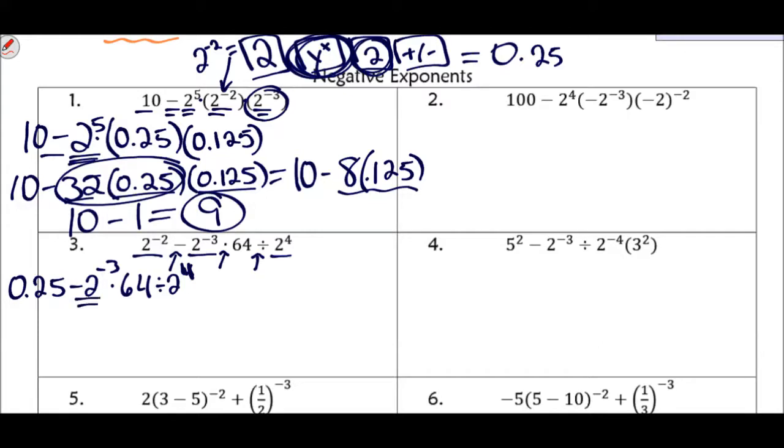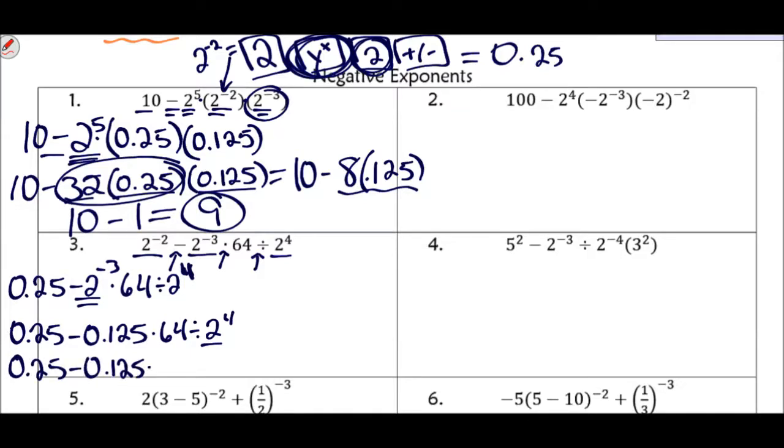Now I'm going to do my next exponent term, 0.25 minus 0.125 times 64 divided by 2 to the fourth. We have one more exponent term to do, 2 to the fourth. That's 0.25 minus 0.125 times 64 divided by, that's 16.